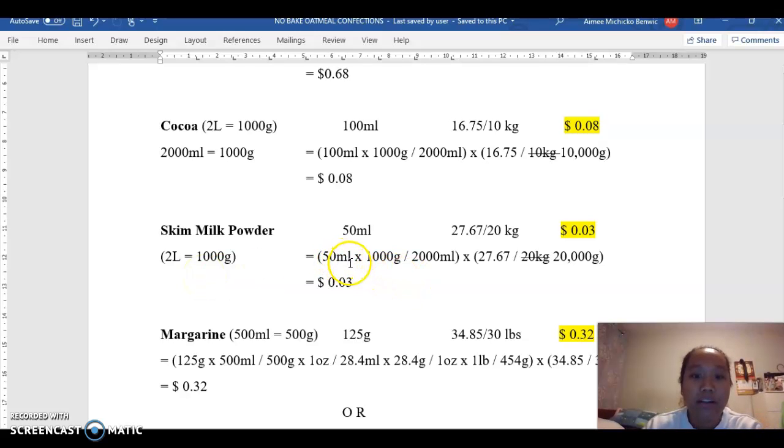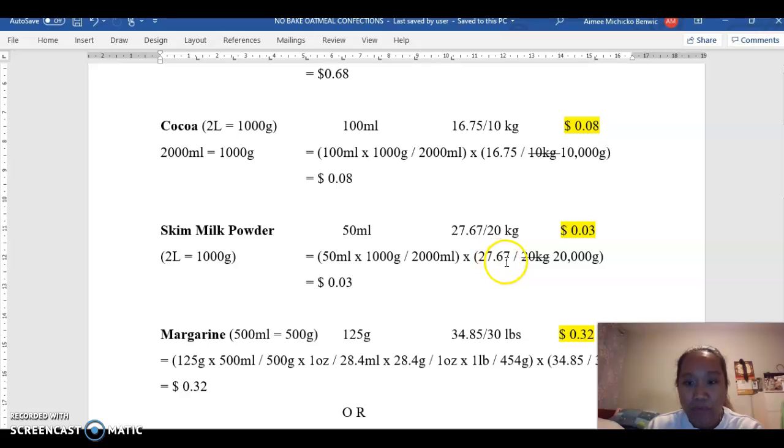So 50 ml multiplied by 1,000 grams divided by 2,000 ml, multiplied by the unit price of $27.67 divided by 20 kilograms. We get it from here. We have to convert kilograms to grams, because if we cancel ml and ml, that leaves us grams.